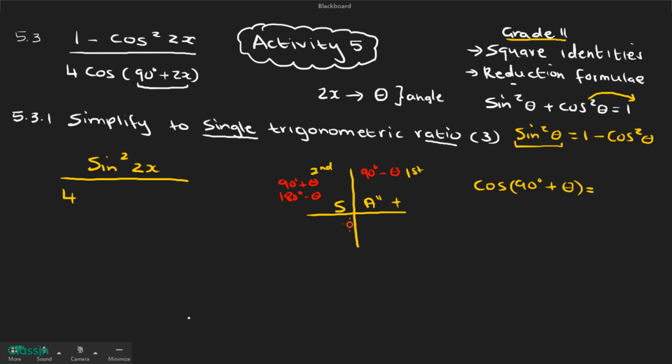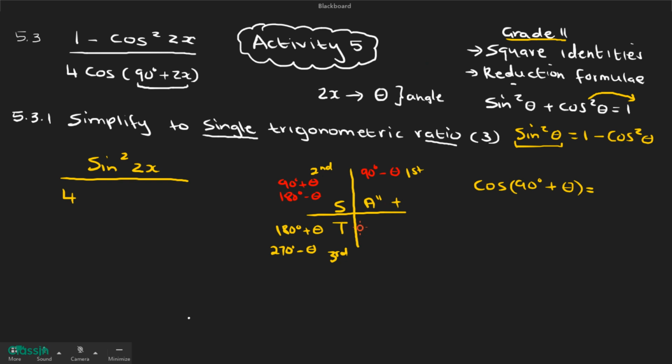Then we also have tan in the third quadrant, and in the third quadrant we have 180 degrees plus theta and 270 degrees minus theta.